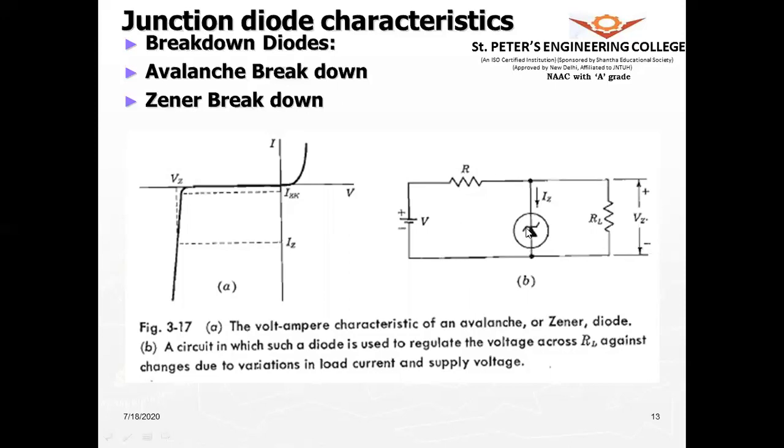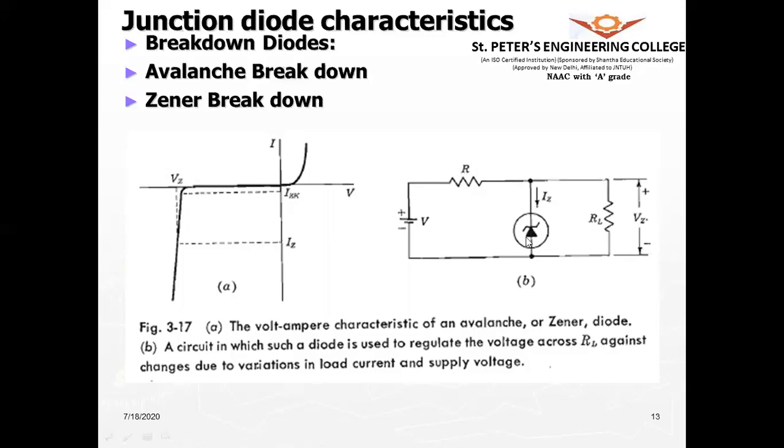As we know, this arrow head denotes the p type or the p side, and this side indicates the n side. Here we see that the negative is connected to the p type, so it is in the reverse bias condition.